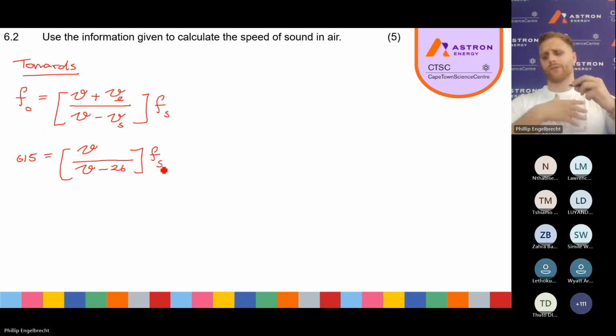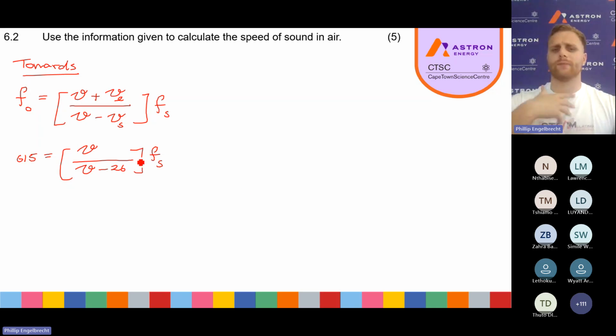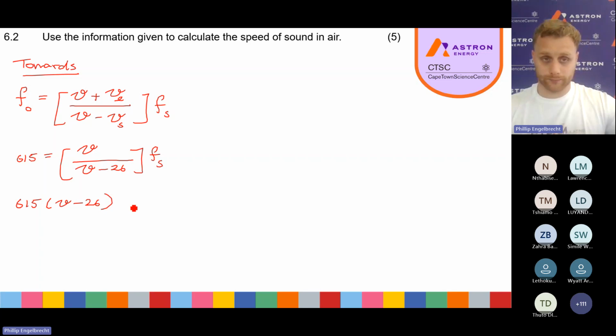Okay. Now what I'm going to do, guys, I'm just going to solve everything, doing basic algebra. So this becomes 615 times V minus 26 is equal to the frequency times the velocity of our source.